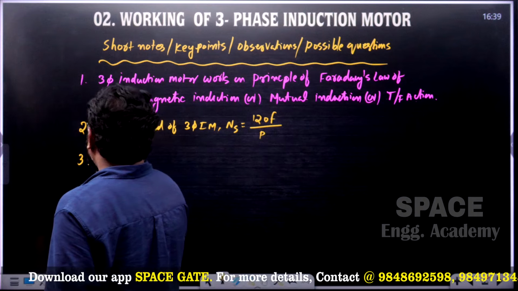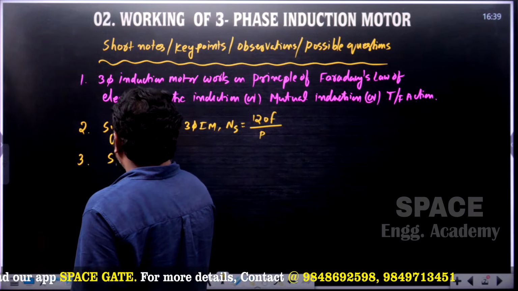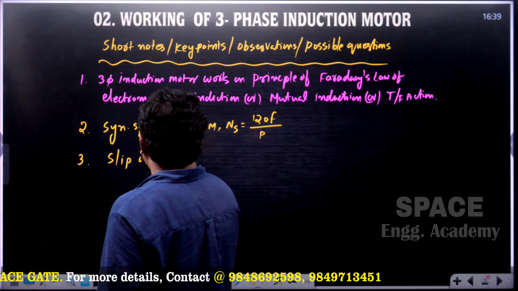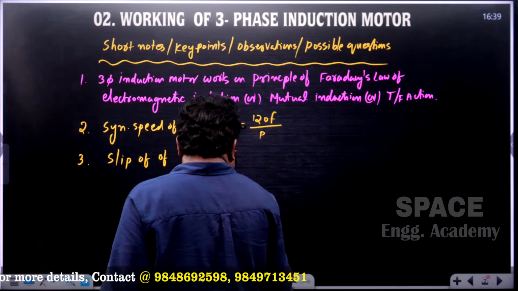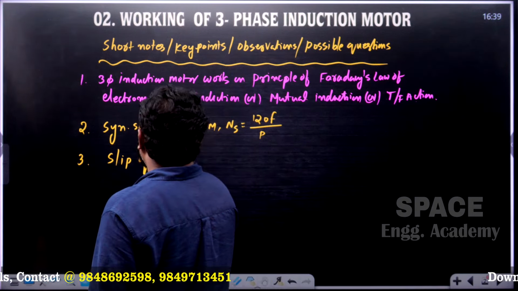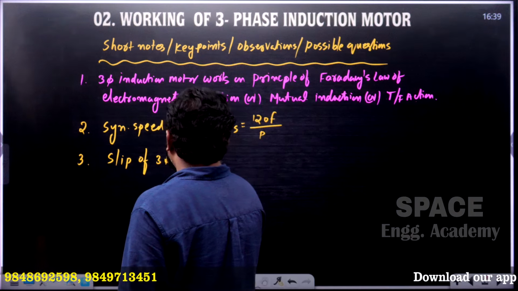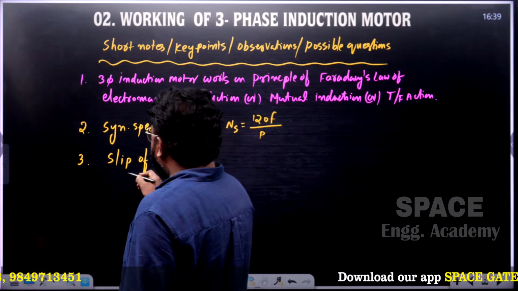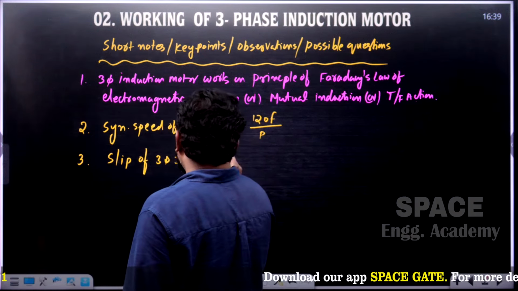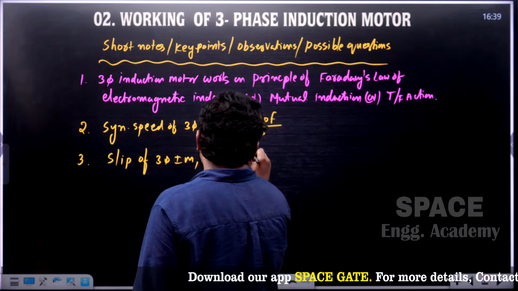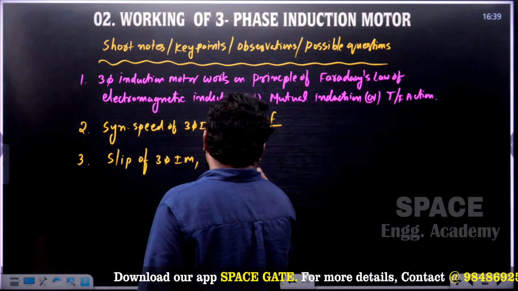And how to calculate the slip of the 3-phase induction motor? Slip S, in per unit value, is S equal to (Ns minus N) divided by Ns.